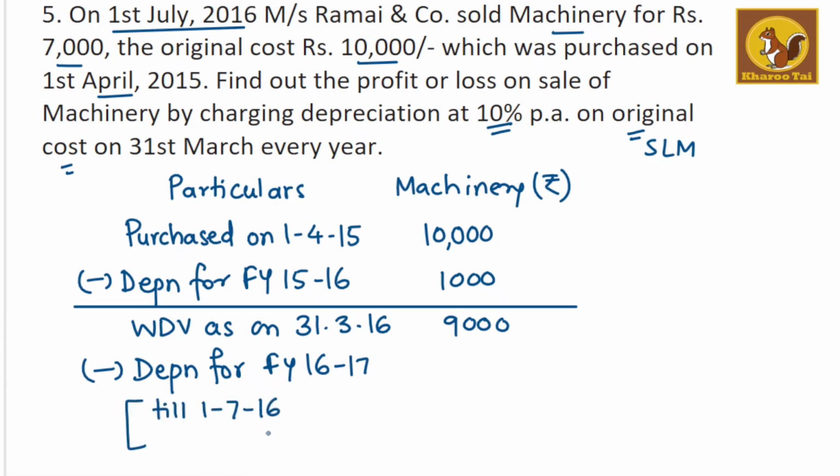So till 1st July 2016, the calculation will be 10,000 into 10%. 10,000 because this is the straight line method and 10% is the rate of depreciation. But we have used the asset only for 3 months, April, May and June. That is 3 divided by 12.